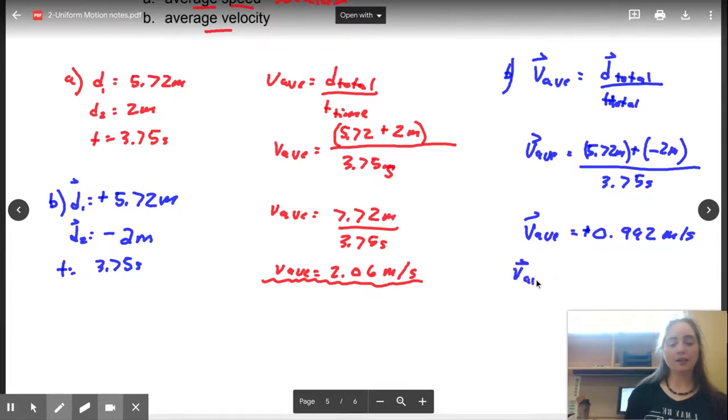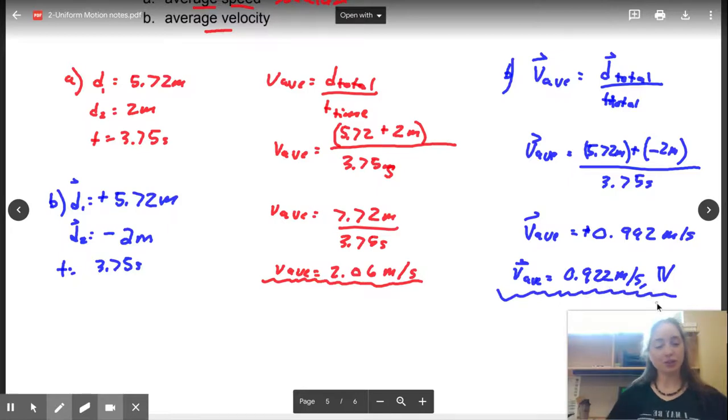So our average velocity, 3 sig digs, units, direction. Okay, I want to see that direction written afterwards. You've got to do that. That's important. It may not seem like a huge thing now, but when we get later on, when we start having directions as angles, trust me, it's important. All right.